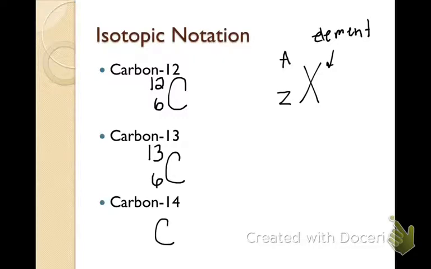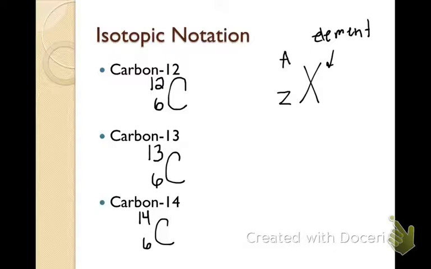And then carbon-14 is 14 for the mass number, and again 6 protons. Sometimes you'll see that they don't actually have the number of protons, but that doesn't matter because you can know what the number of protons is based upon what the element is and use your periodic table.